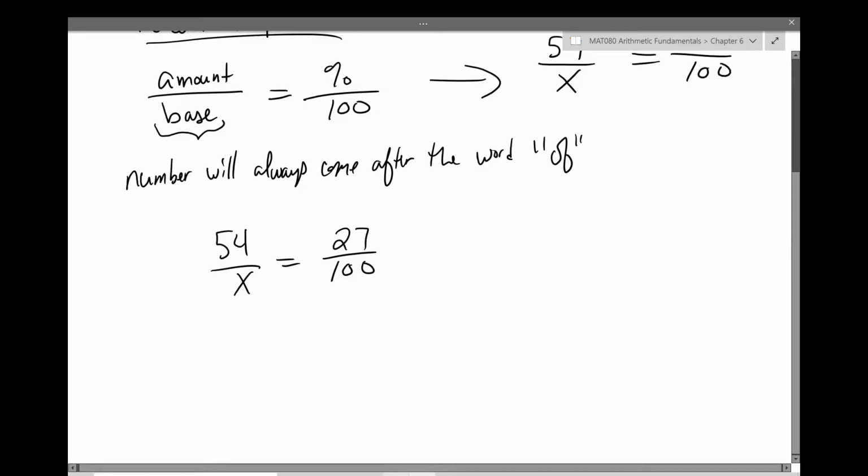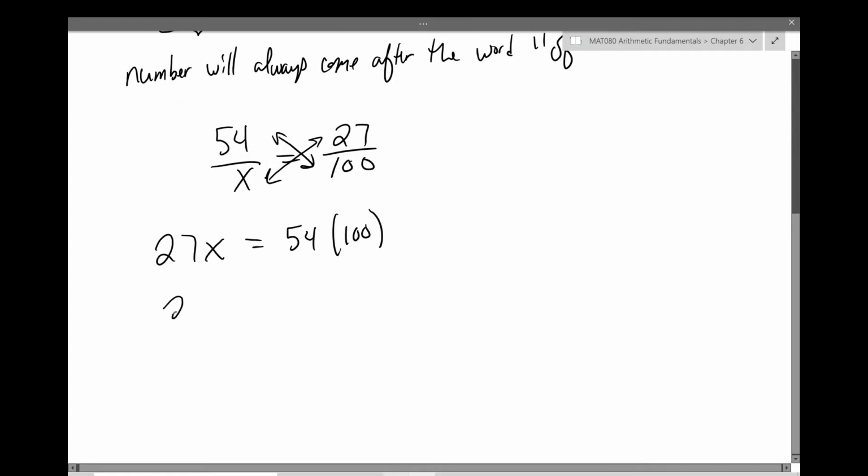Notice we have a proportion, and we know to solve this, all we do is cross multiply. So I get 27 times X equals 54 times 100. And then from here, I just solve. 27x equals 5,400. Okay?